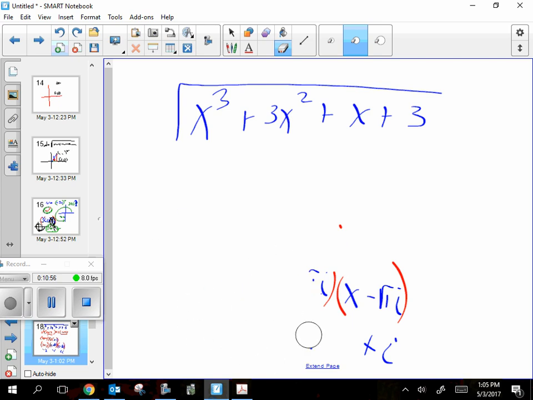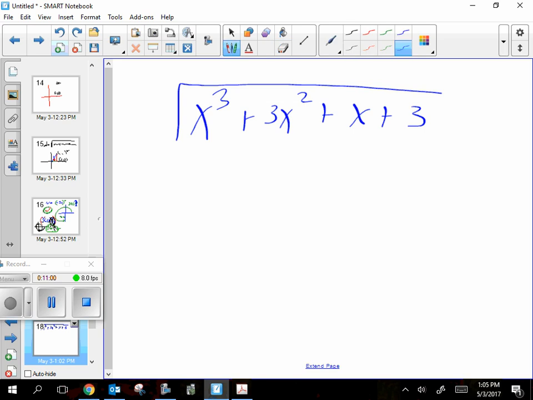Do long division when you know -3 is a root. I know it's the same question, but long division, it's different. What you just did wasn't long division. What you just did, that's called factor by grouping.